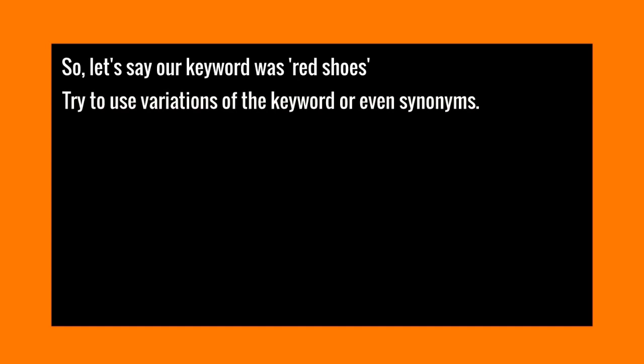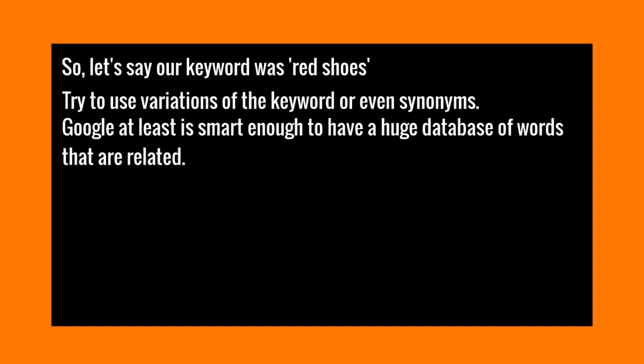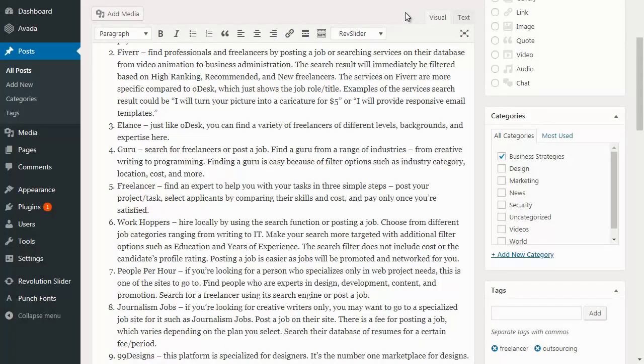So you want to try to use variations of the keyword or even synonyms. Google at least is smart enough. They have this huge database of words that are related. So as far as the body text and the other factors, what I'm going to do is stick with the exact same post that we looked at in the previous video with the URL structure.